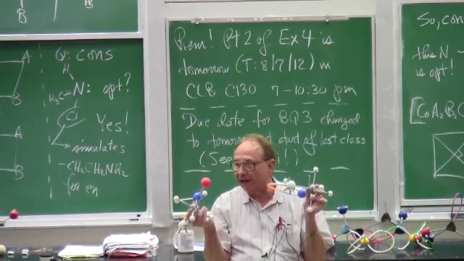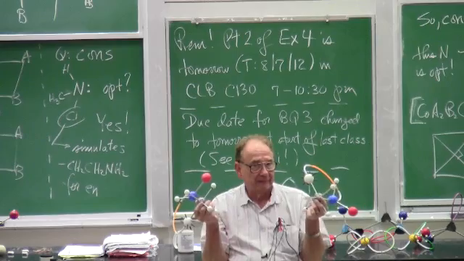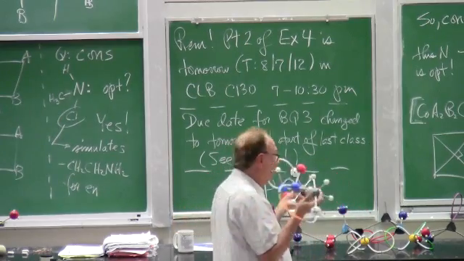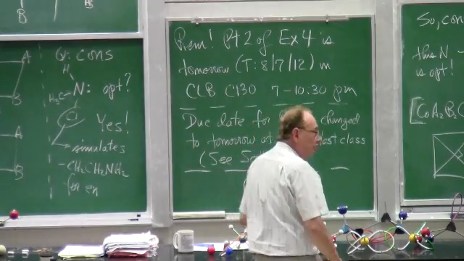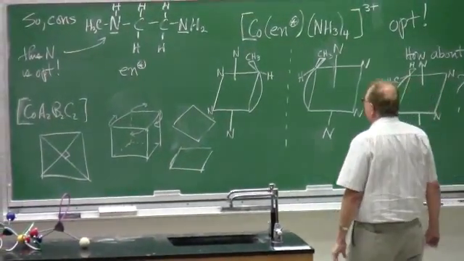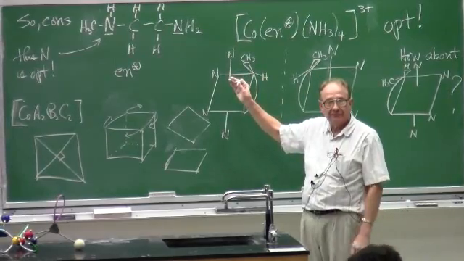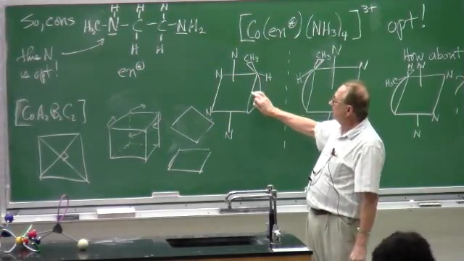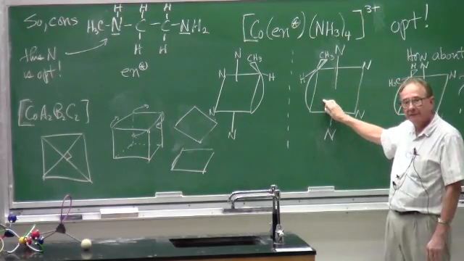Now, with more bond breaking and remaking, I can, of course, turn these into each other. So you see the complexity from a stereochemical standpoint that we introduce to a problem like this when you use a ligand that itself is optically active. Clearly, if I make two different models, they can be the same thing. Or we can make the mirror image of this one, which is what I have here.